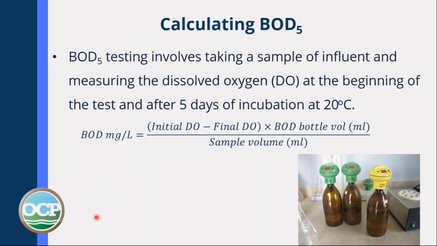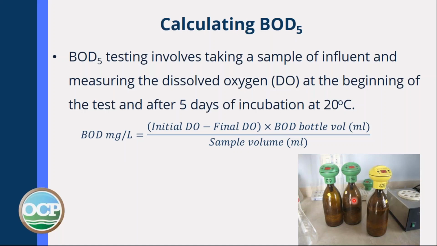So how do we calculate BOD? Well, we take a sample of the influent and we add it to this bottle. Depending on the method you use, you might add some bacteria to this, and you're going to measure the initial level of dissolved oxygen in the sample, and then after 5 days, the final level of oxygen.